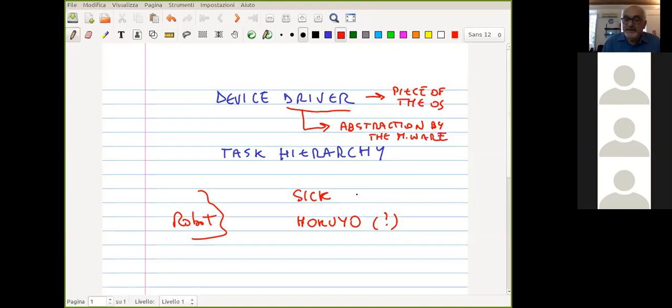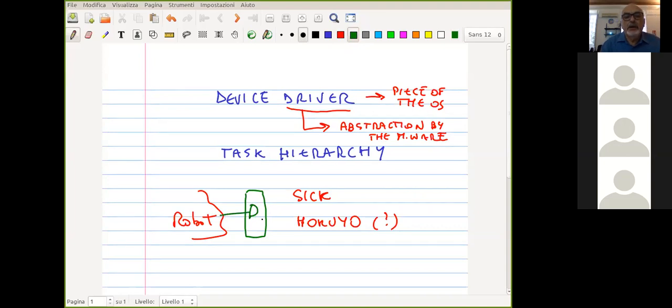So prices are completely different. Levels of safety are completely different. They're different, but you may use one of them. So you write a driver.